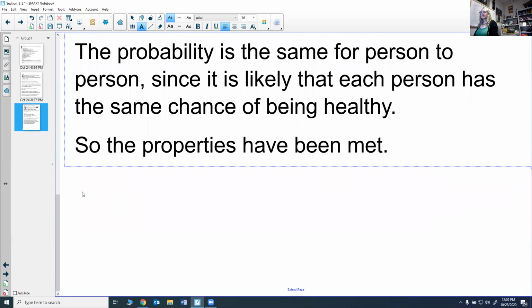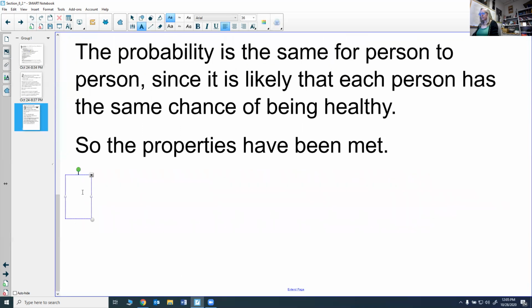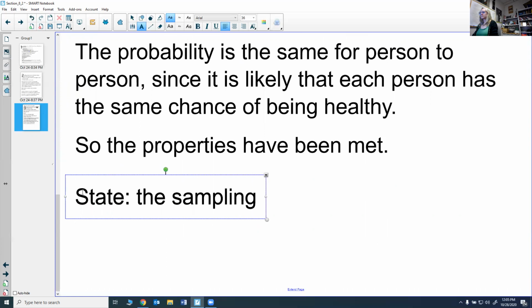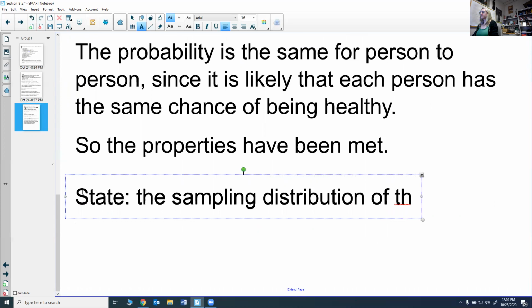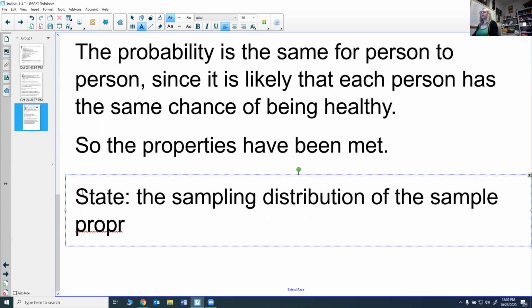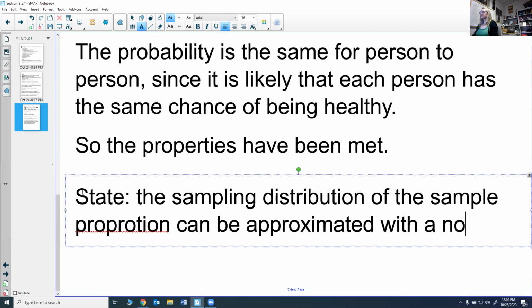Then the next one is the sampling distribution. So again, we're going to state that the sampling distribution of the sample proportion can be approximated with a normal distribution.